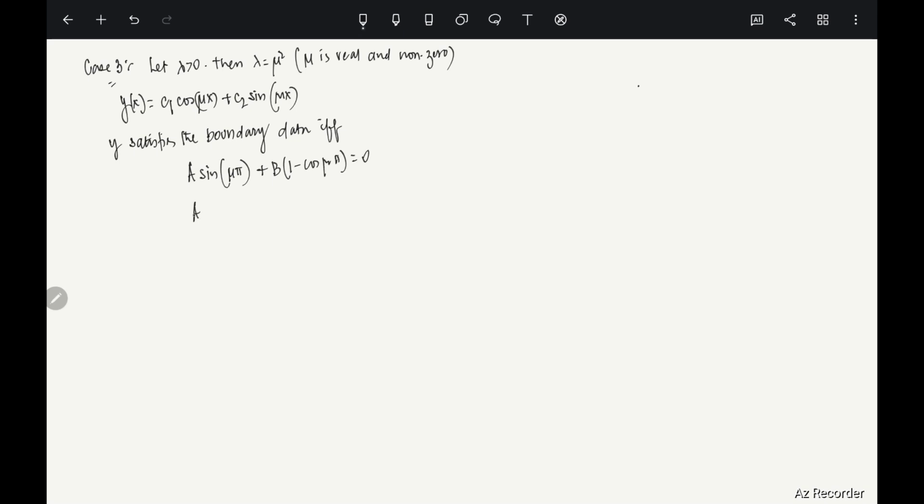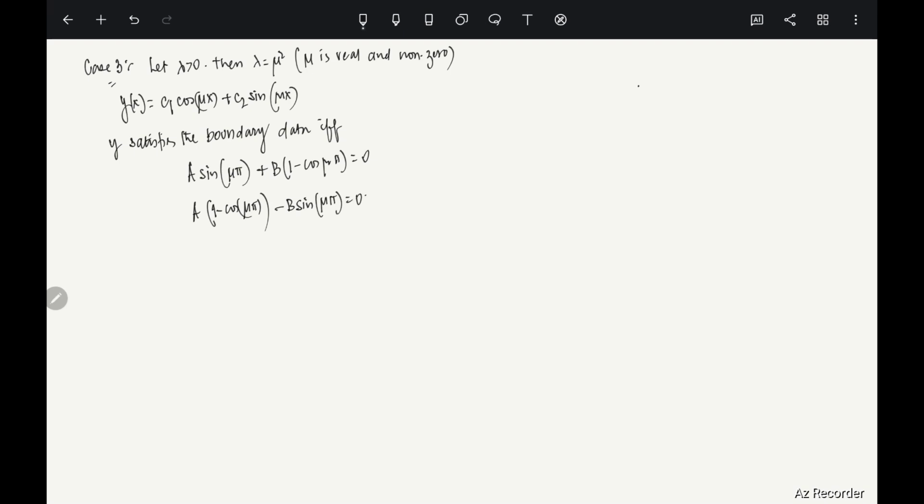And we will also get y prime(0) equals y prime of pi. The rows will be reversed. So a times (1 minus cosine mu pi) minus b sine mu pi is 0. These are the two which we are going to get, right?